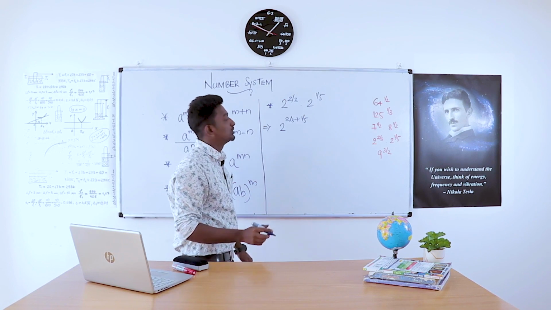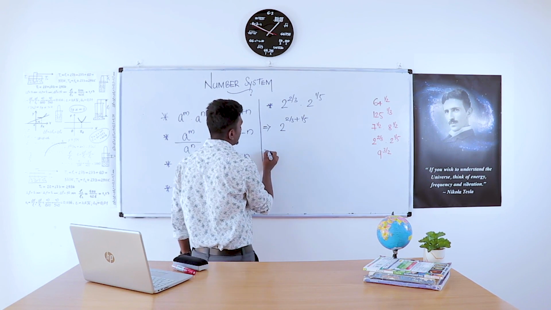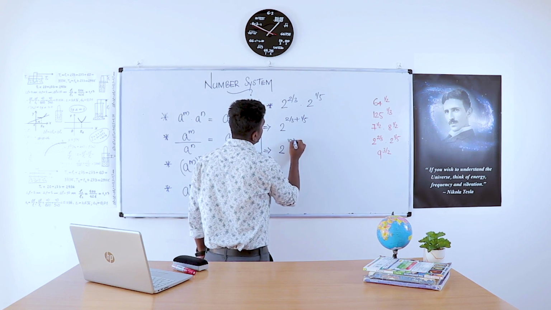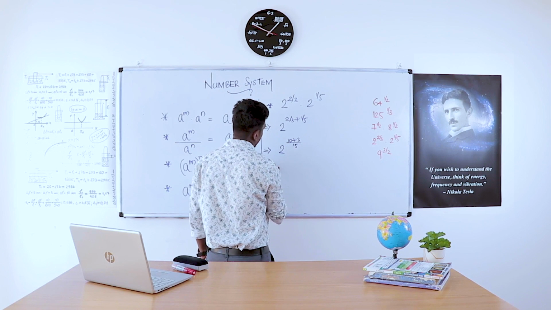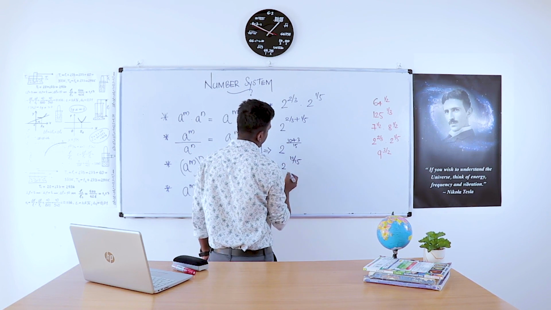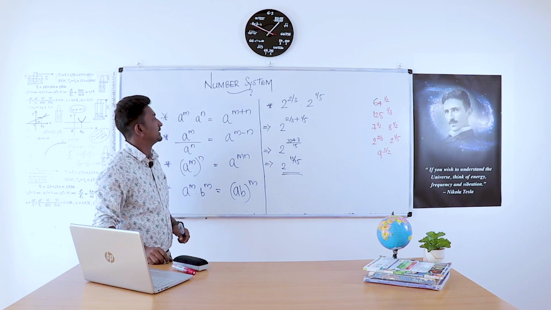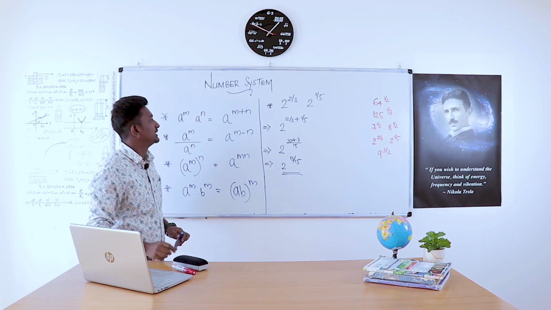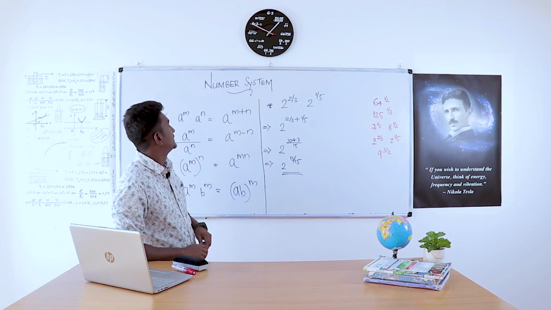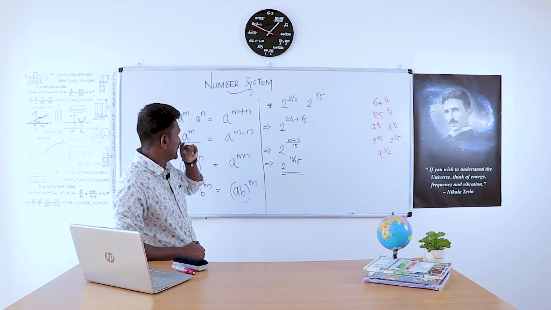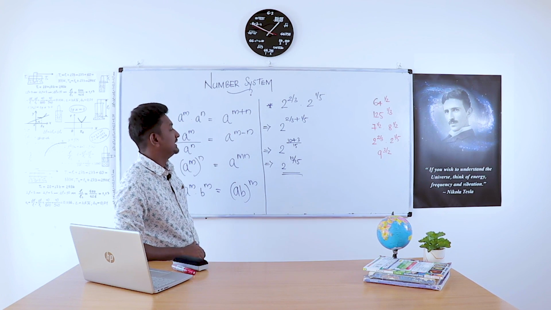Now we have to solve 2 by 3 plus 1 by 5. That is equal to 2 raised to (5 into 2, 10 plus 3 into 1, 3) divided by (5 into 3, 15). That is equal to 2 raised to 13 by 15. By cross multiplying or taking the LCM, we can easily solve.